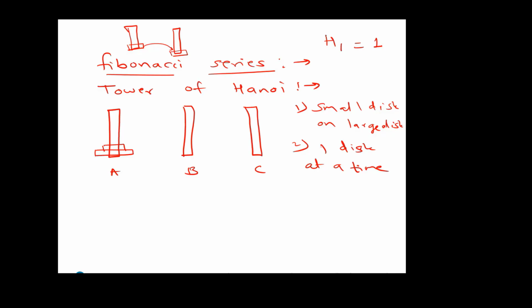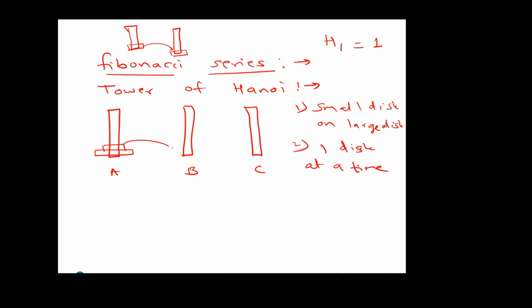Now, if you're moving 2 disks, I cannot keep the smaller disk here and then the bigger disk on top of that. So I need one extra bar C so that I can shift the disks if needed. If I have only one bar, then I have to keep the bigger disk on top of the smaller disk, which is not allowed. So how many moves are needed?